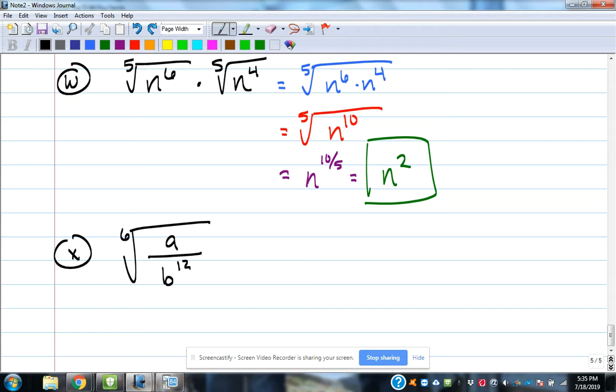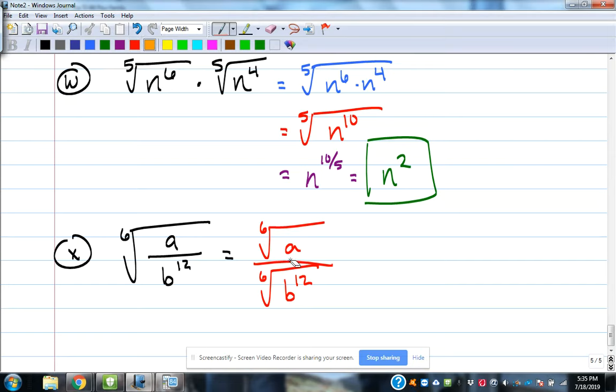Remember your rules. Your rules say if it's a root with a fraction inside and the fraction won't simplify, split it apart to where it's that same indexed root on top and bottom, and then work those separately.